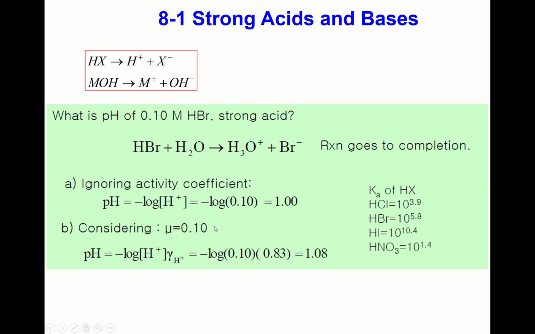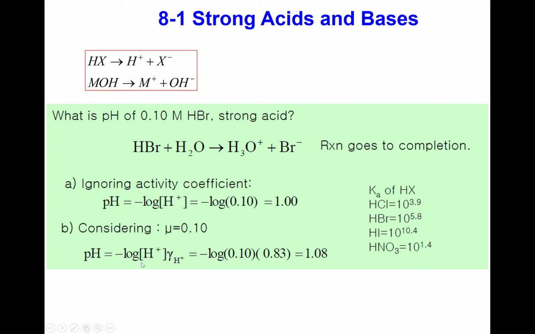From the table or using Debye-Hückel theory, you can obtain the activity coefficient of a proton, and instead of using molar concentration, you use this activity.